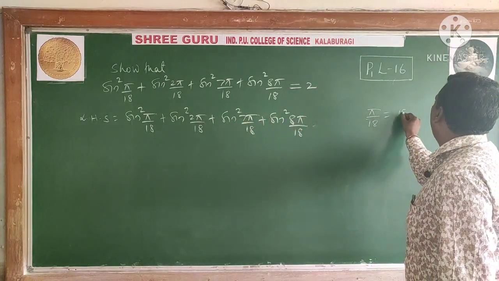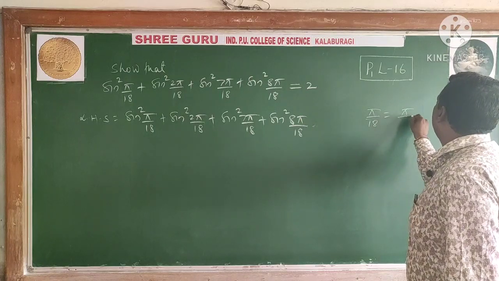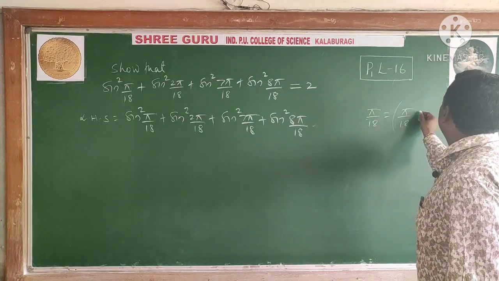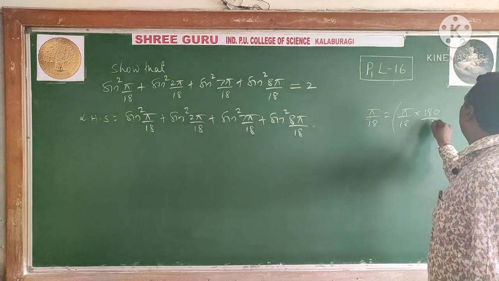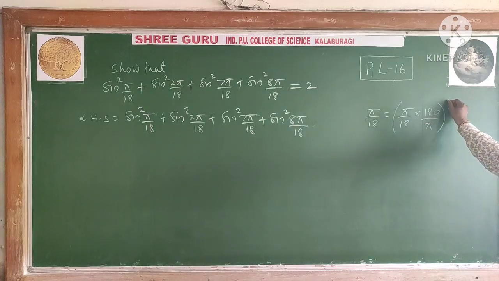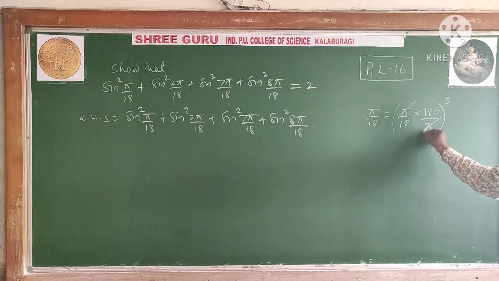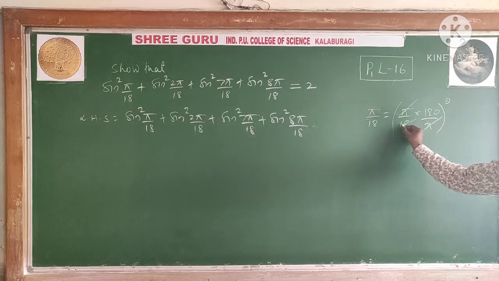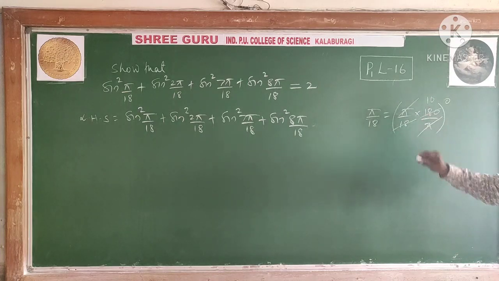Pi by 18, converting from radian to degree, multiply by 180 by pi. This pi and pi get cancelled. So 180 by 18.